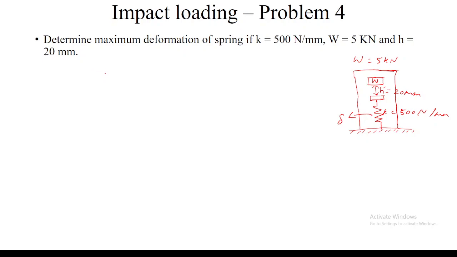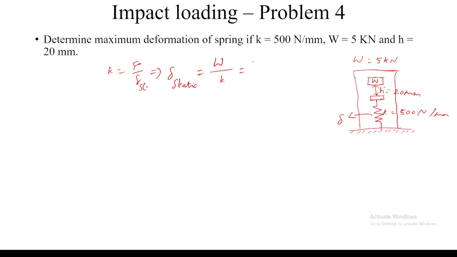Stiffness equals load by amount of deflection. Yes, F is equal to kx. So k is equal to F divided by delta. This is for the static load. From this we calculate the delta static, imagining W is applied as a static load, which is equal to W divided by K.